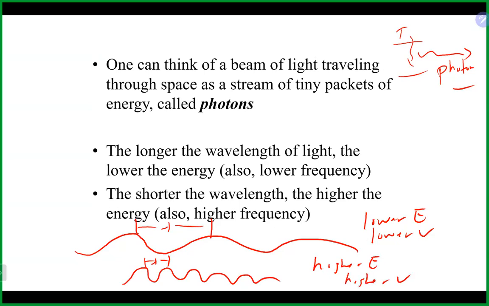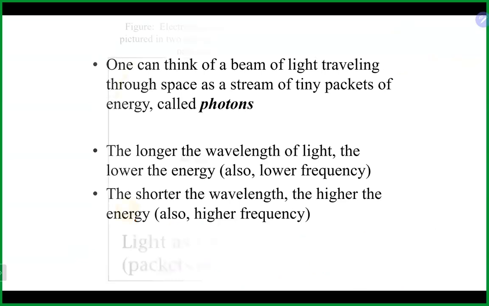Just think about it, it's like moving really fast versus one that's just kind of moving through space slowly. So that's an important relationship between wavelengths and energy. Again, the longer the wavelength, the lower the energy; the smaller the wavelength, the higher the energy associated with it.